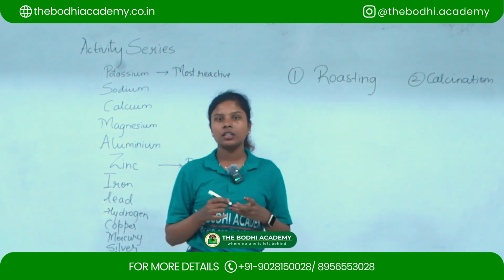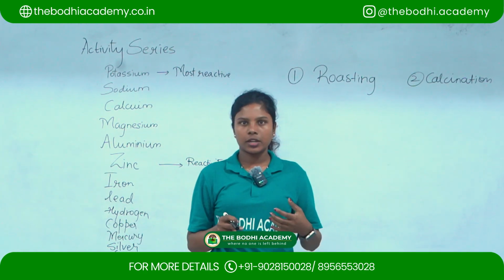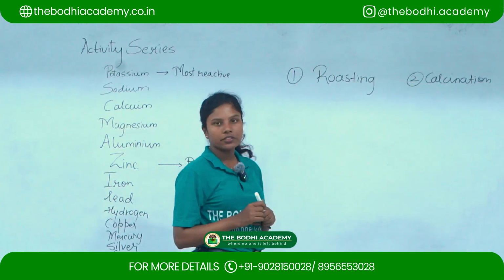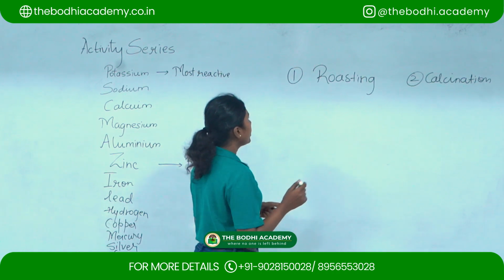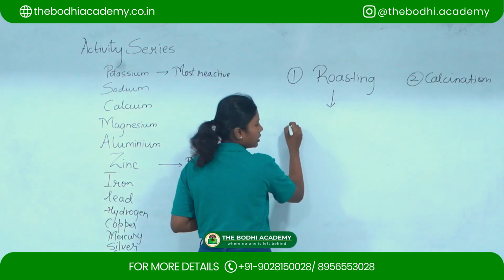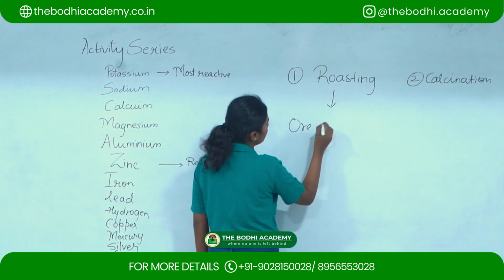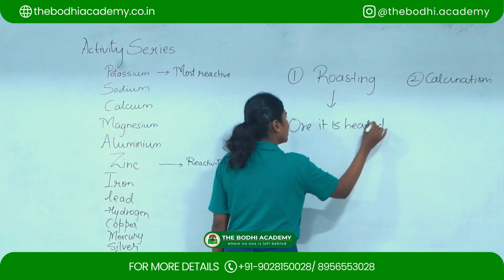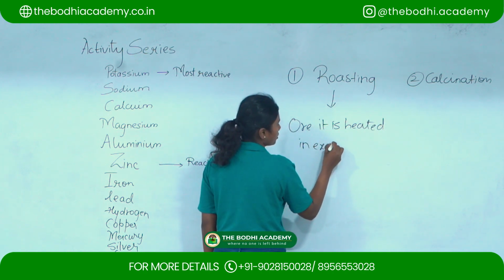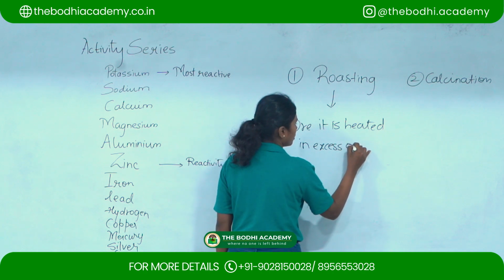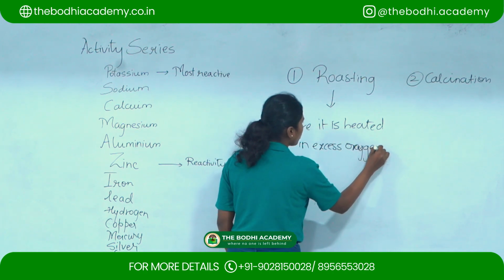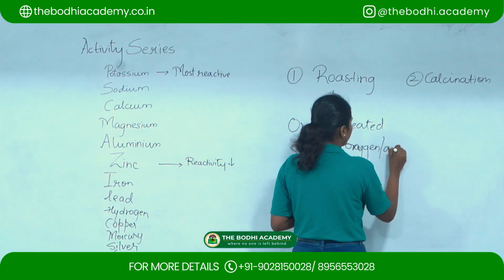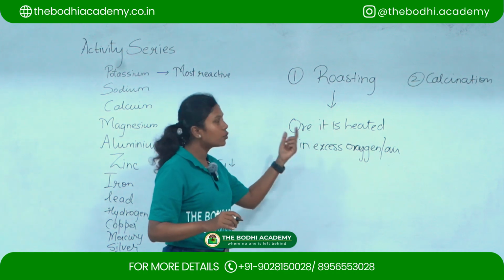Both are methods of heating a metal ore. Both are heating processes, but what is the major difference? In roasting, the ore is heated in excess supply of oxygen. Whenever there is an excess supply of oxygen or air in the process, roasting occurs.